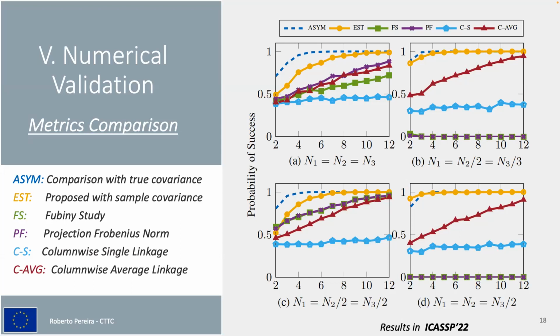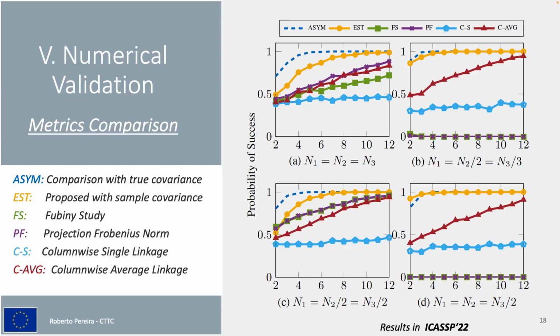So this point right here is basically saying that I'm 100% sure that if I use this normalized metric, I'm able to merge the correct points in this specific scenario.